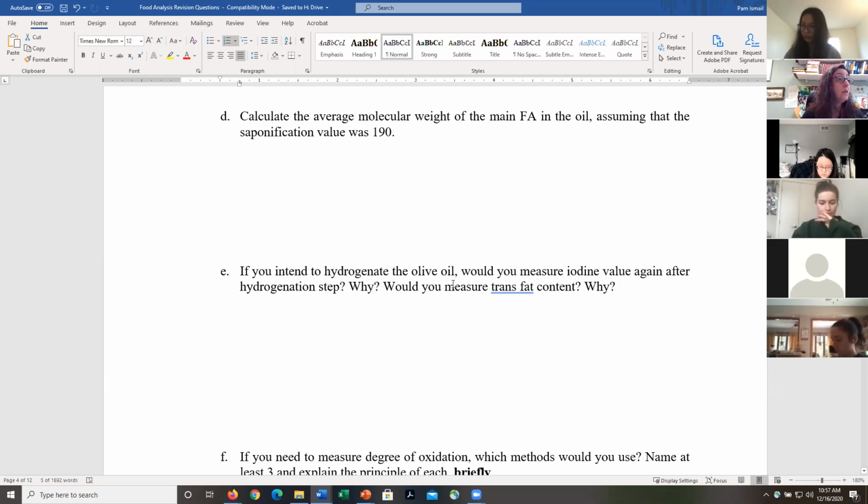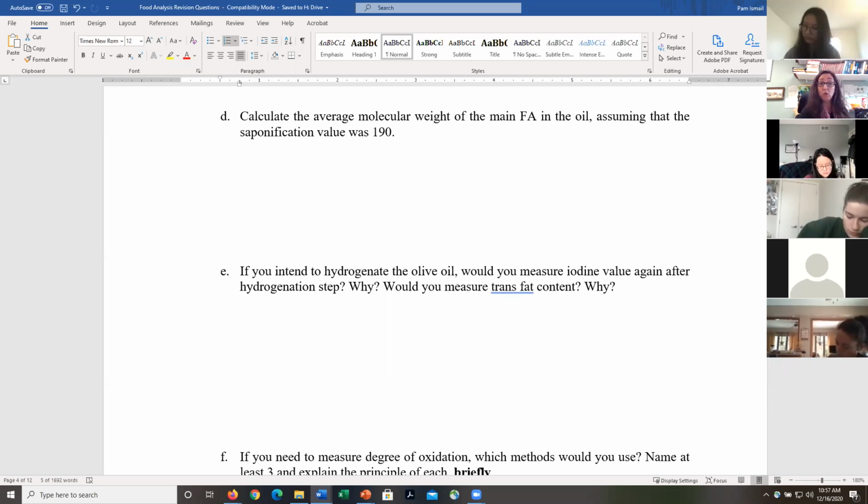If you intend to hydrogenate the olive oil, would you measure iodine value again after the hydrogenation step? Yes, you would. Because iodine value is a measure of degree of unsaturation, and when you hydrogenate, you're saturating your oil. So you really need to measure iodine value to determine the completion of hydrogenation.